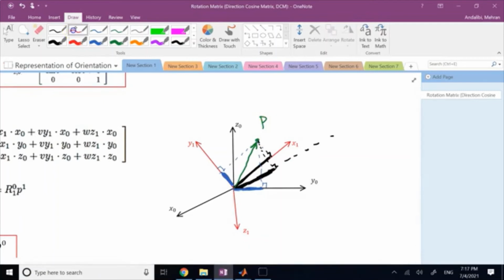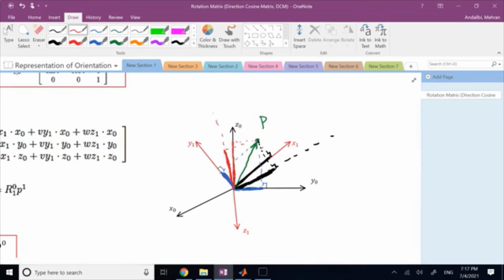You see, for example, z0 here is a big thing. It's like this much. While on z1, it is not going to be too much. So you have to continue this guy, project it perpendicularly, and then it is going to be like this. It's not too small, but clearly negative. z1 is negative, z0 is positive. So you see the components are different.